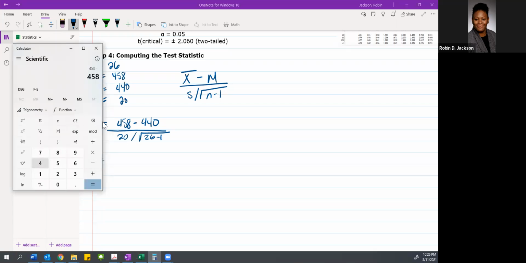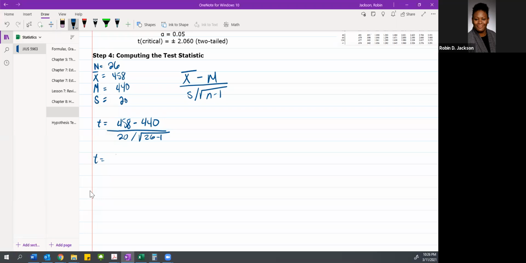Okay, so 458, subtract 440. That gives us 18. Okay, so 18 divided by 20, which is then divided by the square root of 25.